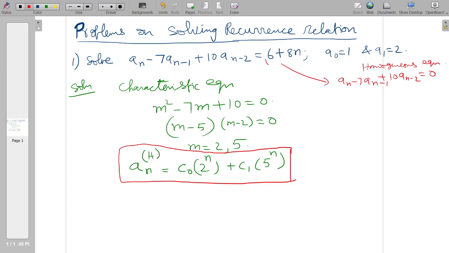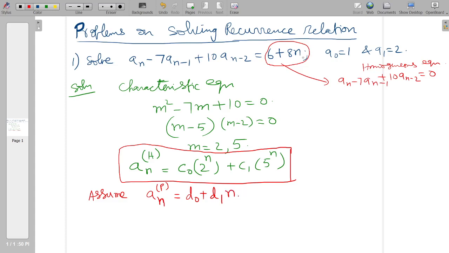The right hand side here is a polynomial. So in this case, you assume a_n^(p), a particular solution, and here the polynomial is of degree 1. So you assume the polynomial as d0 plus d1 n.